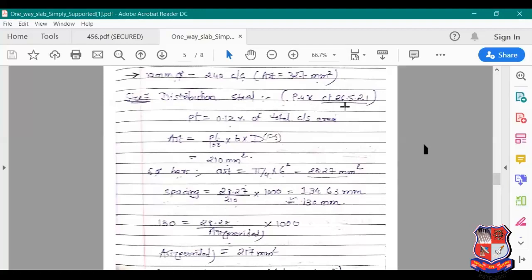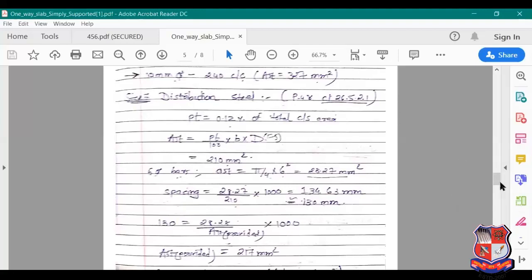Like this only we can choose distribution steel perpendicular to the main bar. You can have clause number 26.5.2.1, which says how much percentage of steel is required for the cross sectional area for distribution steel. They have clarified that PT 0.12 would be okay for distribution steel. So AST would be PT BD.